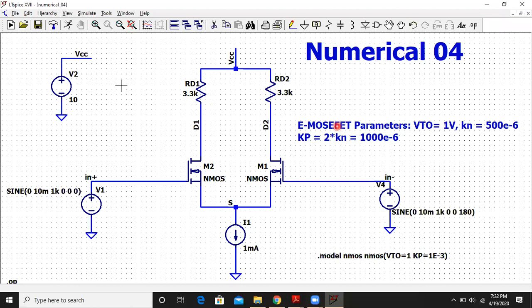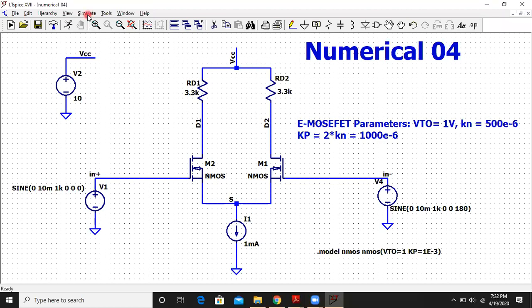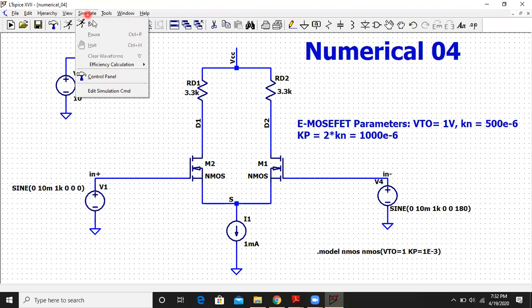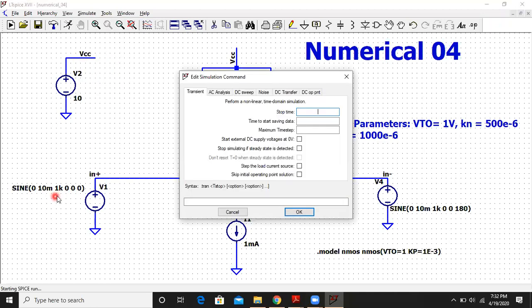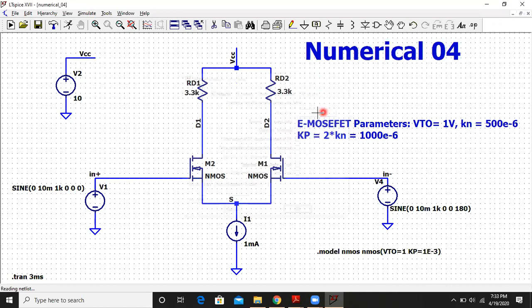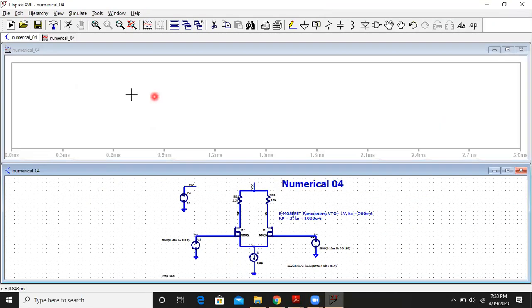Now let us go back and run the AC conditions, that is the transient response of the circuit. Again go to simulate, run. We have given the frequency to be 1 kilohertz, so we will give the stop time as 3 milliseconds, because we want to see 3 cycles. As soon as I run that, I'll get the output window.